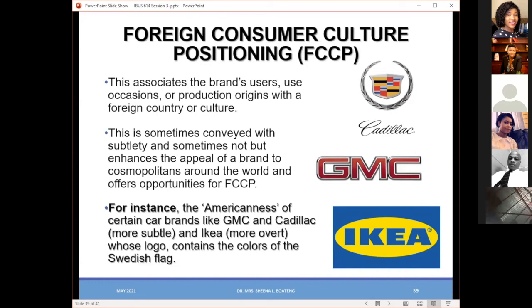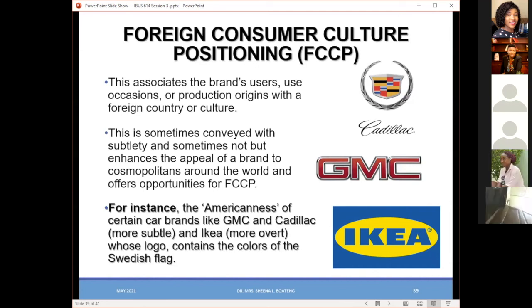So where does IKEA come from? Sweden. Sweden, right? And the Swedish flag is predominantly blue and yellow. And Sweden is one of the countries that has a lot of what? Female empowerment, isn't it? Yes. Good. Yes. And IKEA is all about what? DIY. Do it yourself, yeah. Which is empowerment, isn't it? Good. Yes.